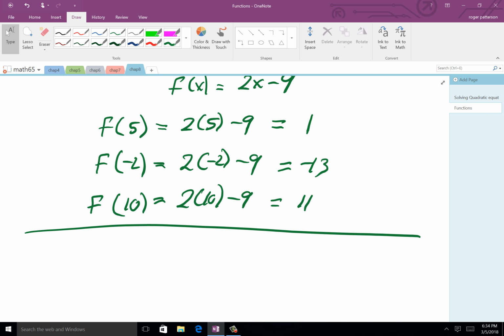Where is there an x that has two y's? For every one of these x's, is there just going to be one y point? Yep. No matter what x I stop at, there's just going to be one y that goes with that. So that's a function.